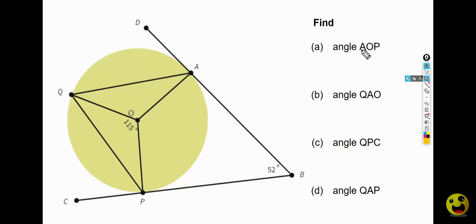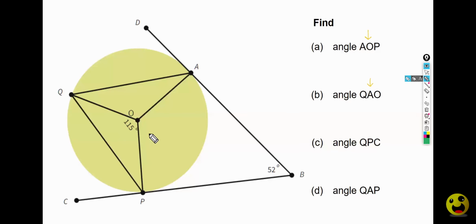Remember, if it gives you 3 letters, you're always trying to find the middle letter. Just trace the 3 letters, right? A, O, P. I could probably help you out and let you know which angle you're trying to find. So I'll write A, B, and C in the angles.